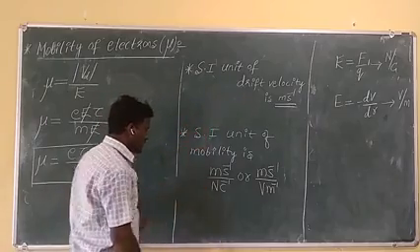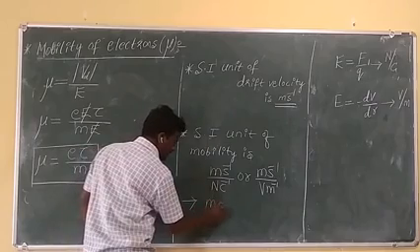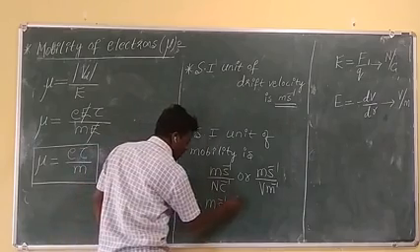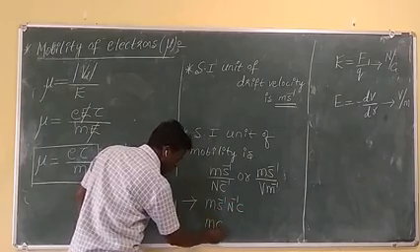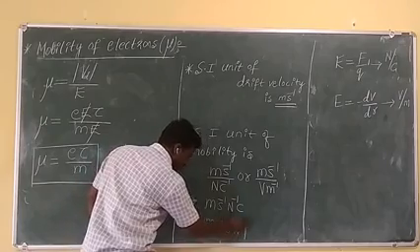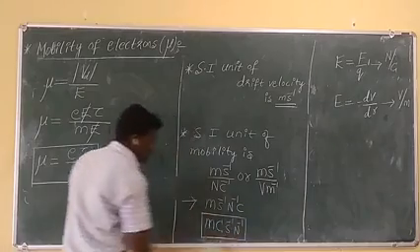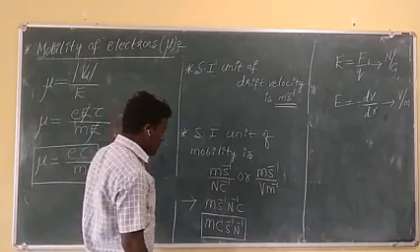So what is the SI unit? It is meter per second per Newton per coulomb, that is meter coulomb per second per Newton. This is one of the SI units of mobility.